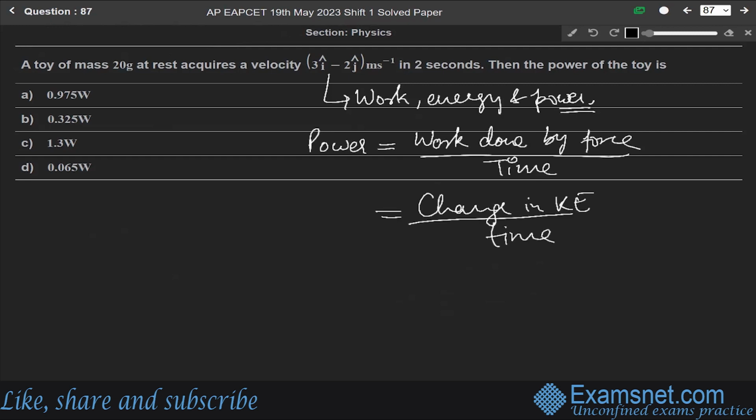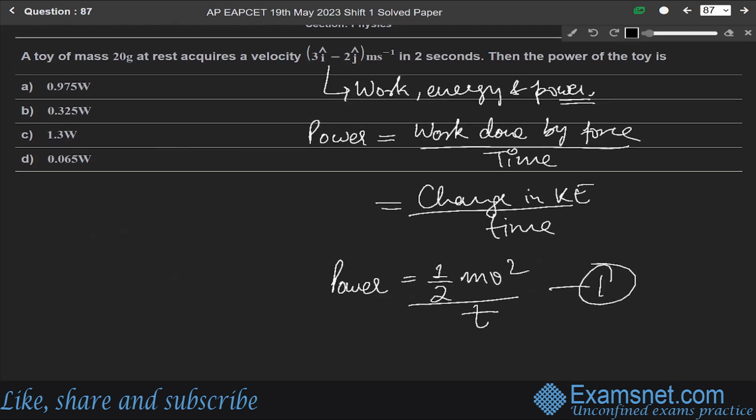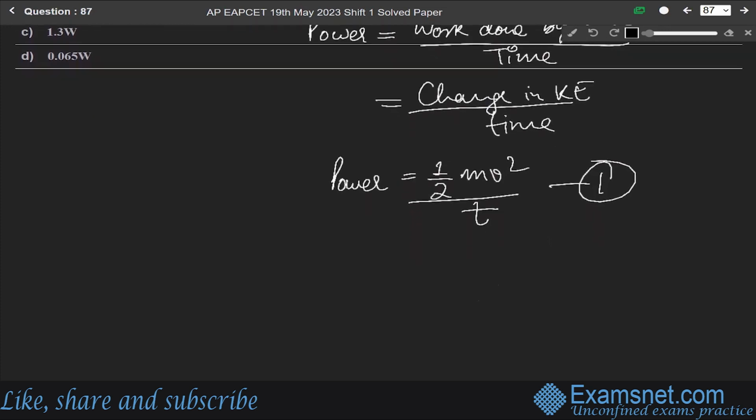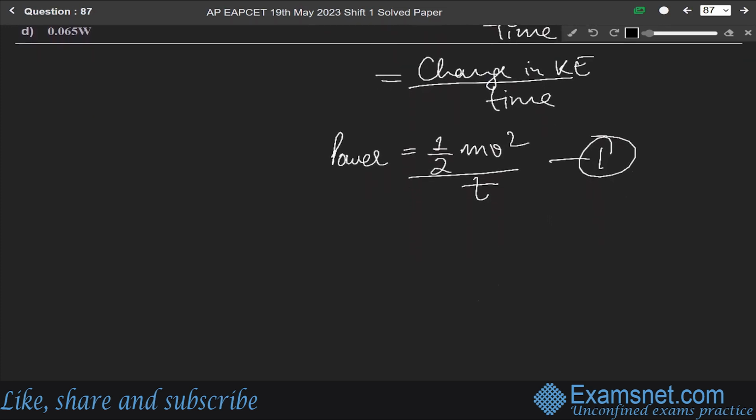And kinetic energy is what? Half mv square over this time t. Okay. This is the power formula. Let us say this is equation 1. Now, as the object is initially at rest, the change in kinetic energy will be half mv square. So power will be equal to half into m.